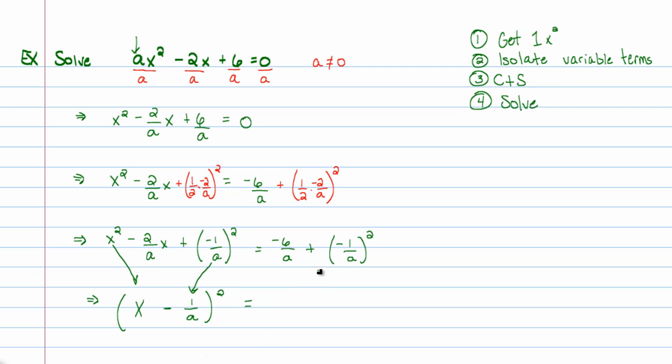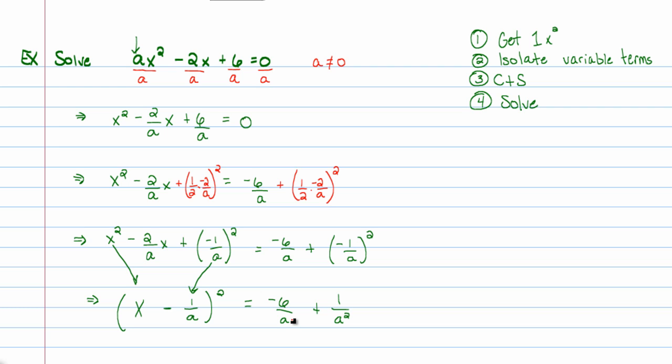The right-hand side of this, negative 6 over a plus negative 1 squared, is just a 1, and a squared is an a squared. Now, there's not much that I can do except combine these two fractions, but in order to combine those two fractions, they have to have the same denominator. So I'm focusing on the right-hand side here, and to get them to have the same denominator, I'll need this first fraction to have a squared in its denominator.